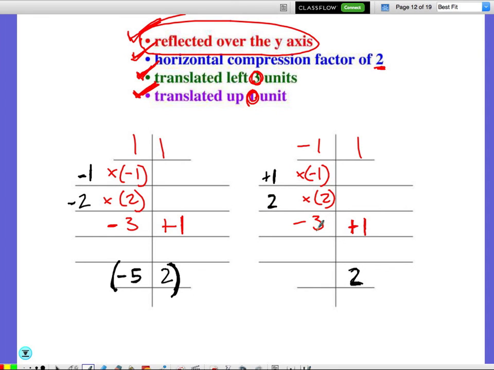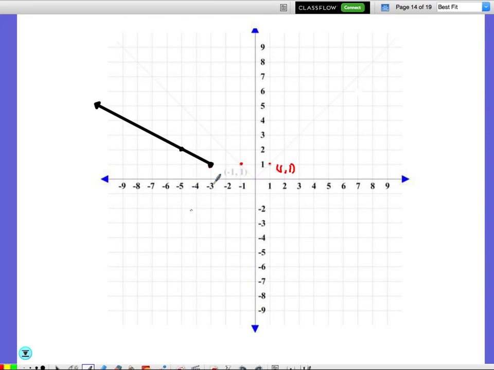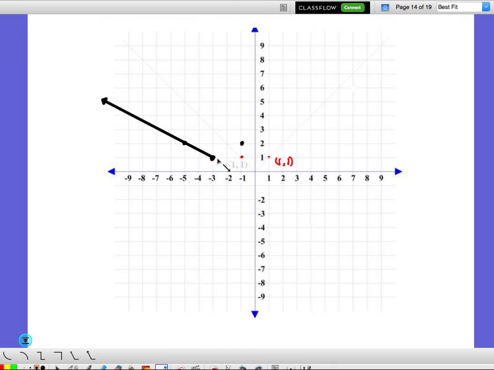And 2 minus 3 is negative 1. And so here is my third point. Negative 1, 2. Let's go ahead and go to our grid. Negative 1, 2. Here it is. And there is my other line.